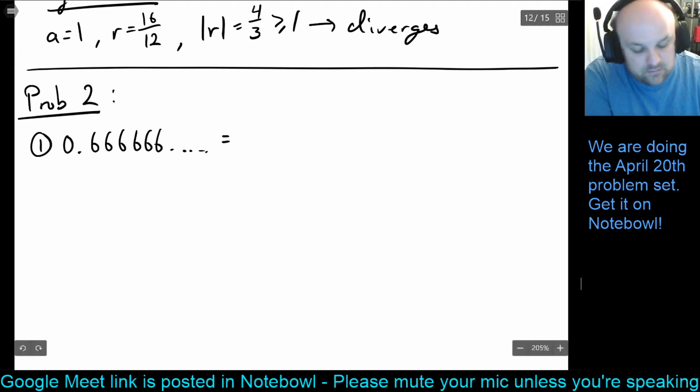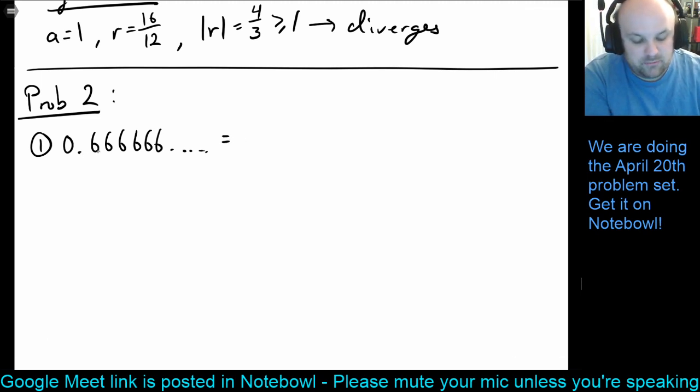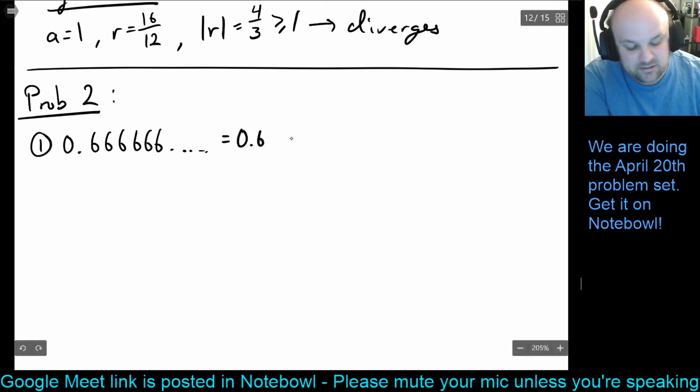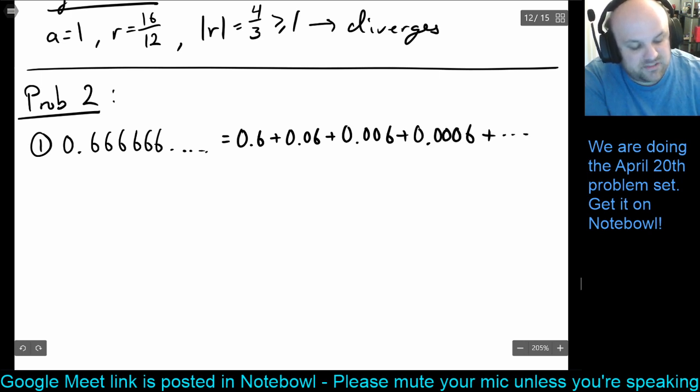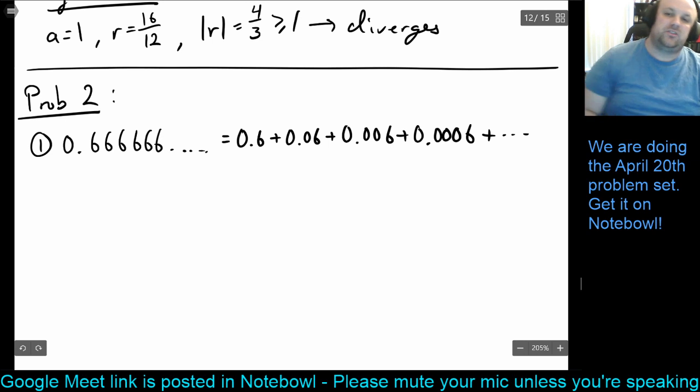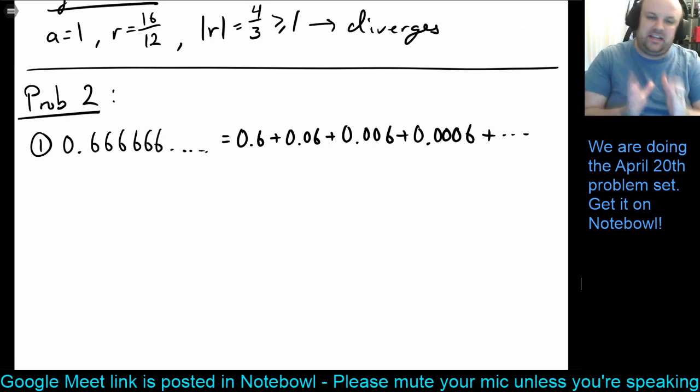Well, what we're going to do here is take this repeating pattern and split it up into its individual pieces. So here, it's just the same number repeating over and over. I'm going to write that as 0.6 plus 0.06 plus 0.006 plus 0.0006 and so on. So I'm just chunking out each repetition in this decimal.